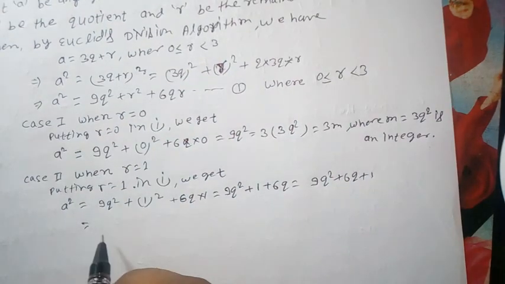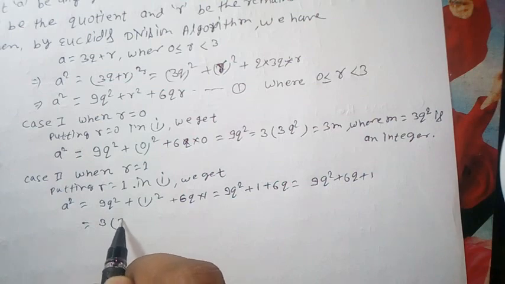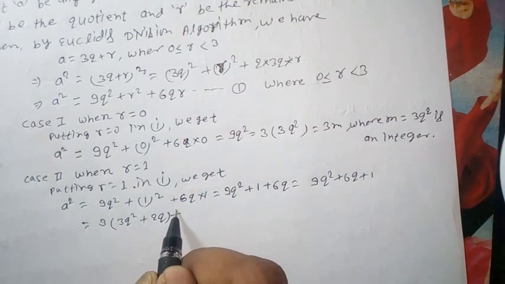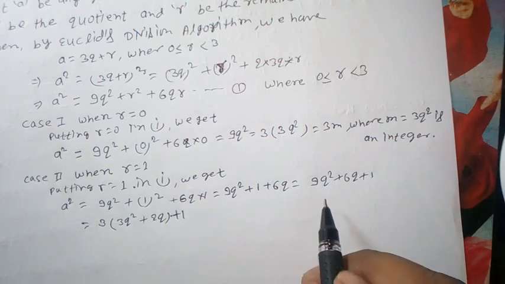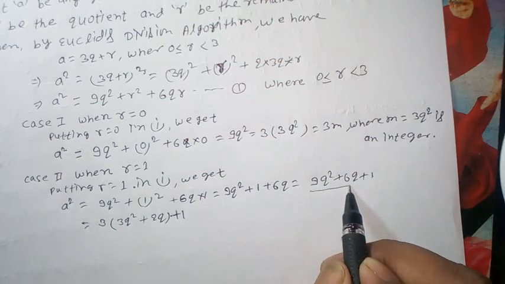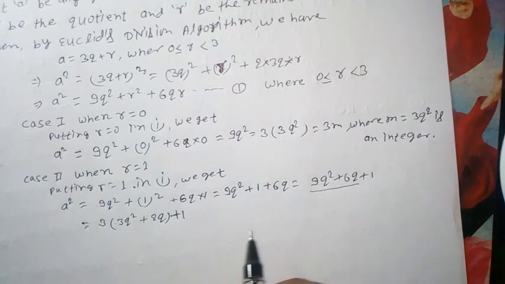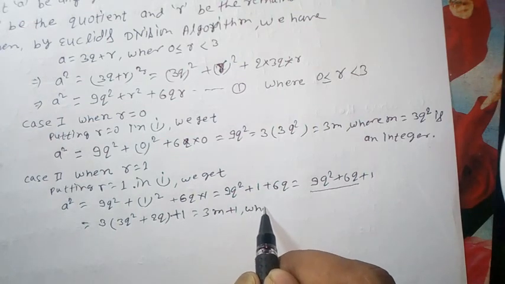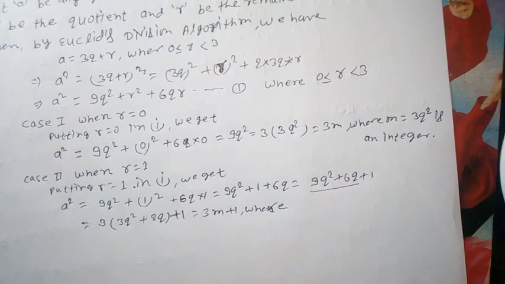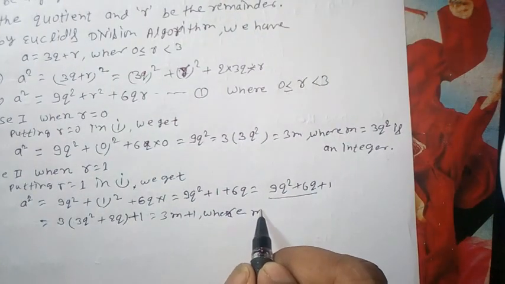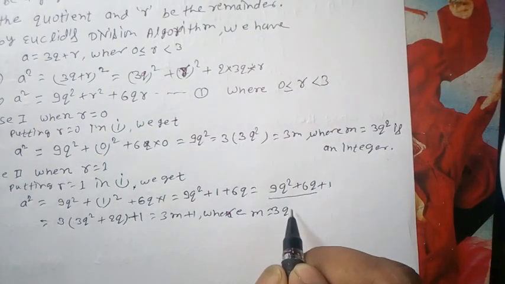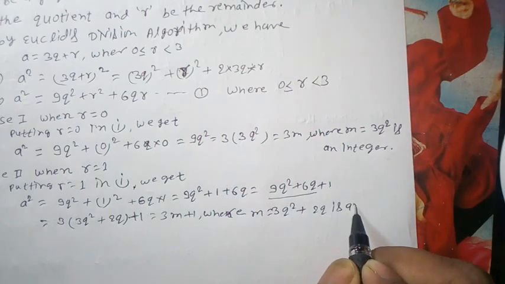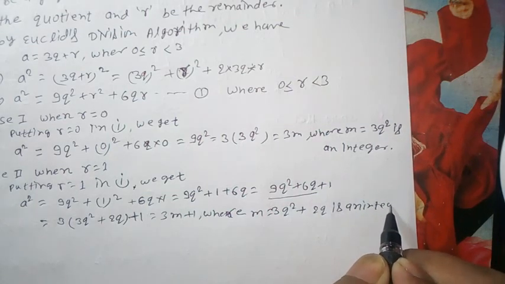We take 3 common: 3 3s are 9, 3q square plus 3 2s are 6, 2q, and plus 1. We take 3 common in these terms, is equal to 3m plus 1, where m is equal to 3q square plus 2q is an integer.